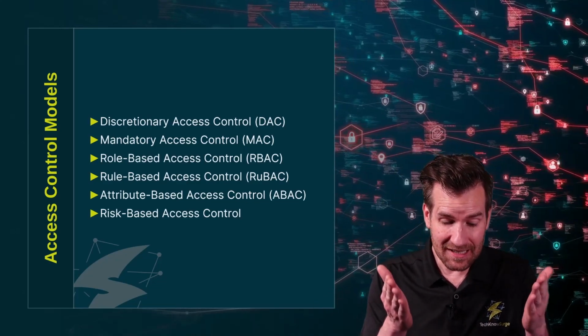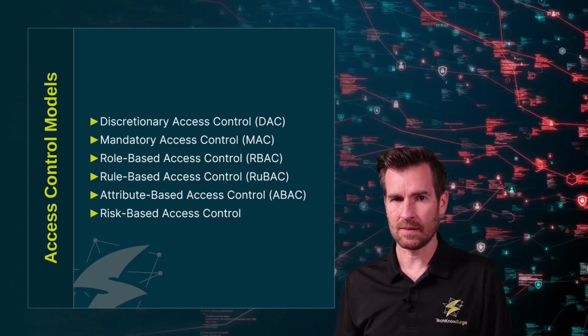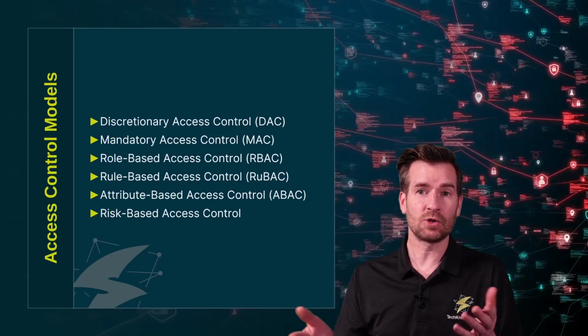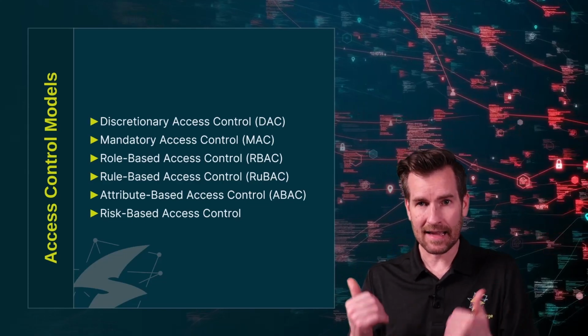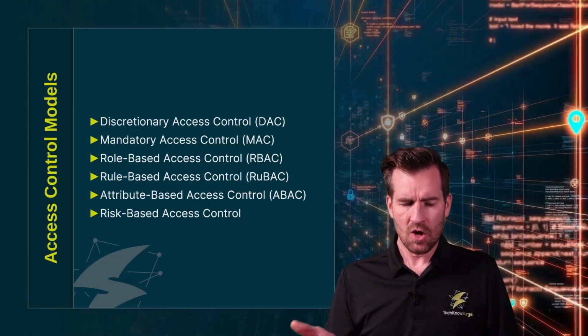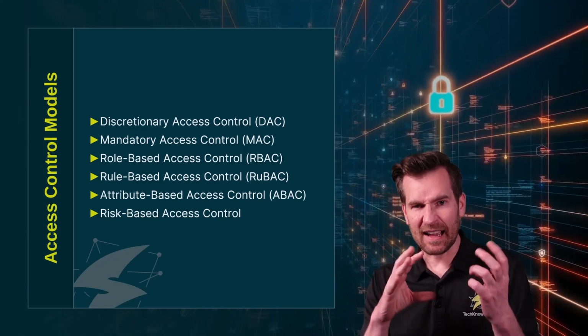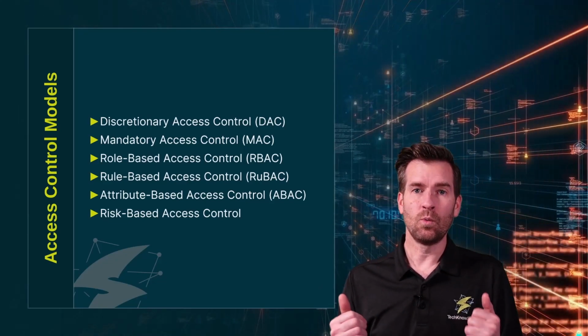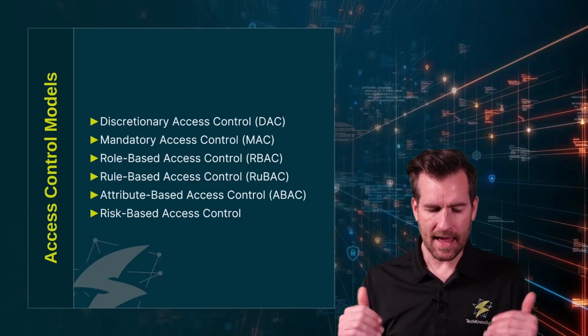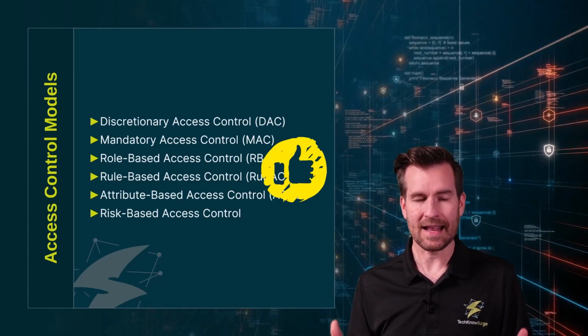So it was some sort of discretionary access control. There was some element of mandatory access control where you had to come through the IT department to get permissions to certain resources as well. So I've used a combination of all of these really to roll out the networks that I've worked with, but the primary that I've used is the role-based access control.